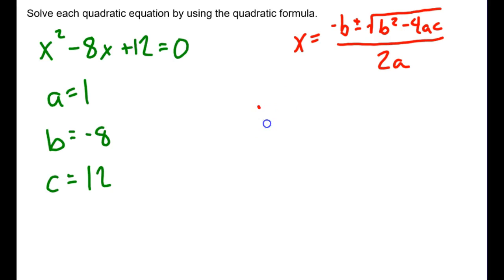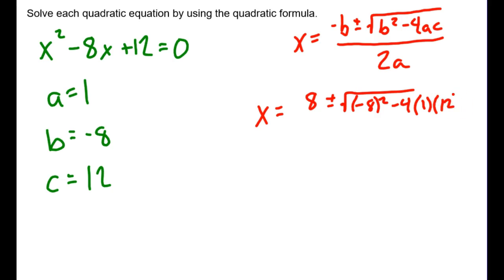So we have x is equal to the opposite of b. The opposite of negative 8 is a positive 8, plus or minus the square root of negative 8 squared minus 4 times our a value, which is 1, times the c value, which is 12. And that's all divided by 2 times our a value, which is 1.